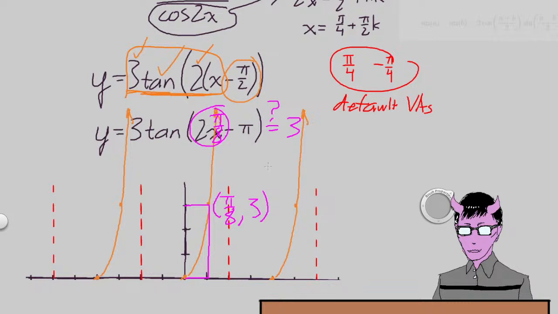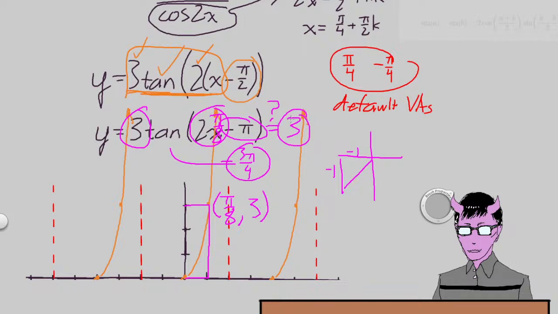If you multiply those two together, we get pi over 4, and then pi over 4 minus pi. That gives us negative 3 pi over 4. Tangent of that one, that's unfortunate. That's in quadrant 3, like this. So that gives us a tangent of positive 1. Positive 1 times 3 is indeed 3.